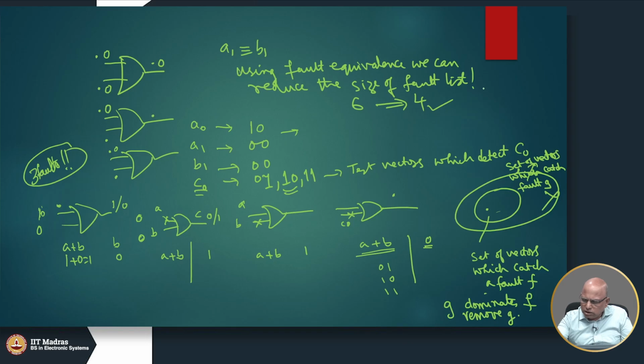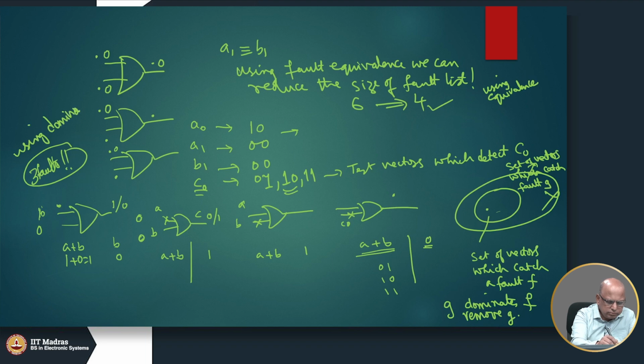Okay. So, using equivalence, whereas using dominance and equivalence, we are able to reduce the number of faults.